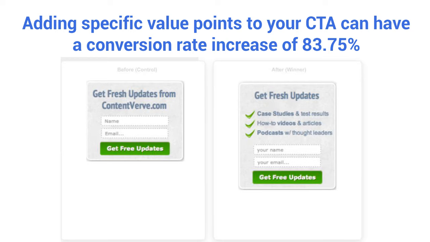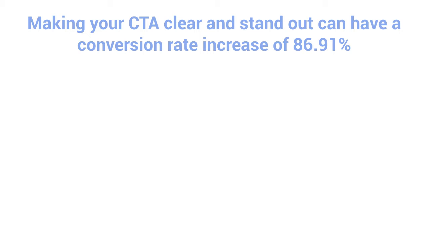And finally, another data point, another example that we found was making your call to action clear and stand out. It should be very clear that it's something that's clickable. It's not just a flat image on the screen, like a flat rectangle, or something that doesn't blend in.